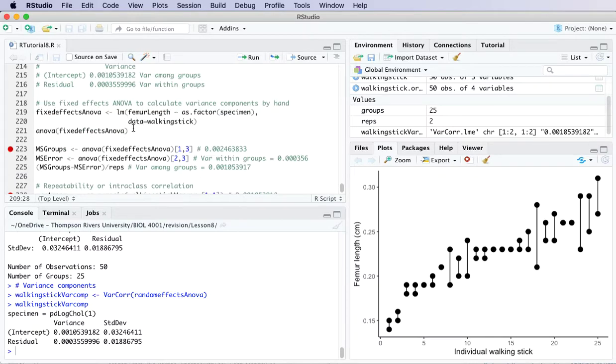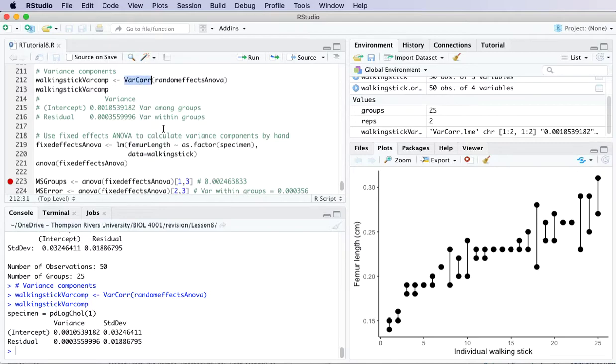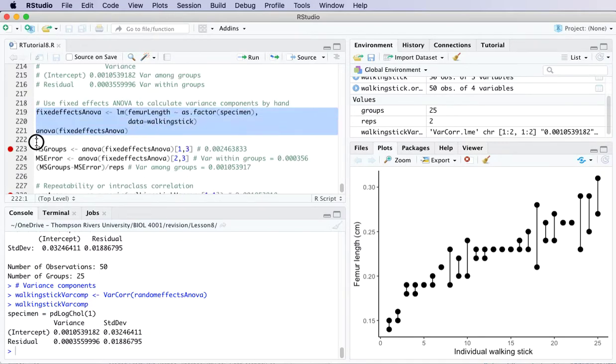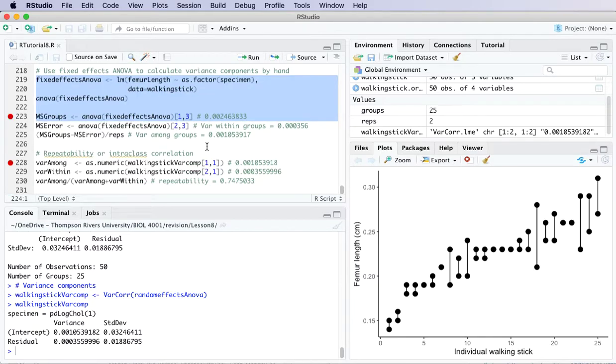And there's another way of calculating the variance components, and this matches up more with what's in the textbook. But it's much easier to just use this function here. So I'm not going to go through this part here, which is doing hand calculations to calculate the variance components.